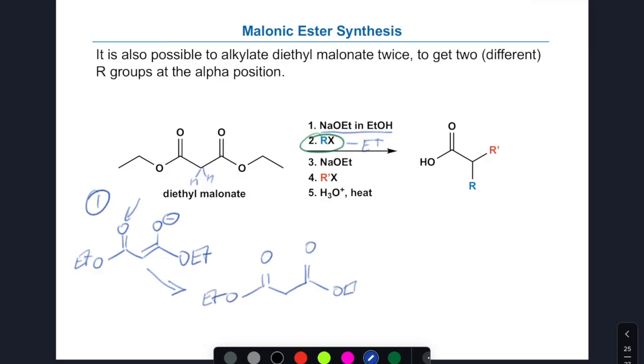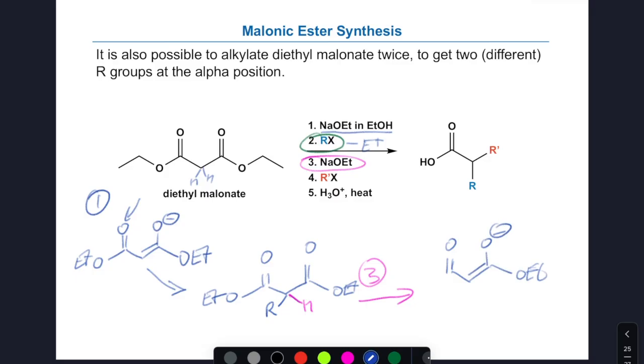All we've now done is install one R group at this position, and we still have a remaining proton left. We can treat it with another equivalent of base. So after step 3 now, what we're doing is we're converting it back into an enolate again. We're making it back into a nucleophile.